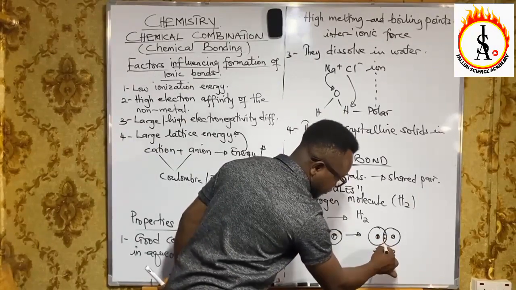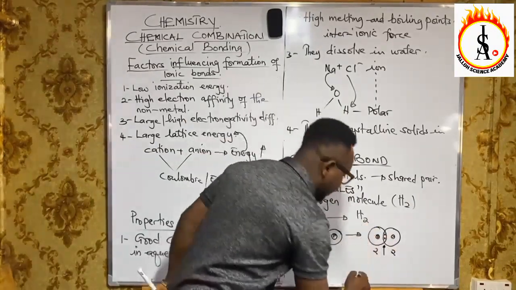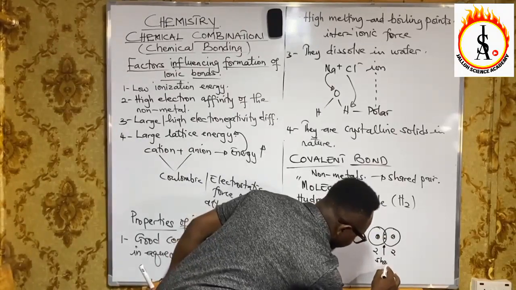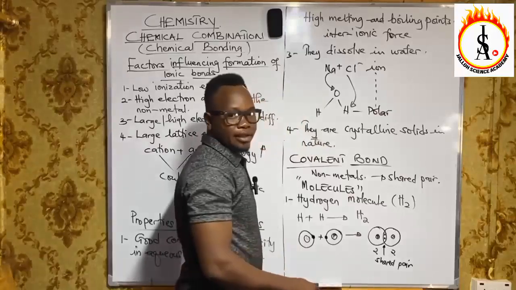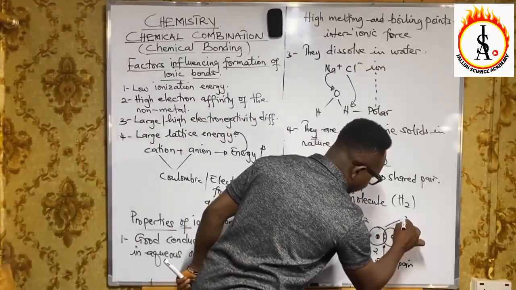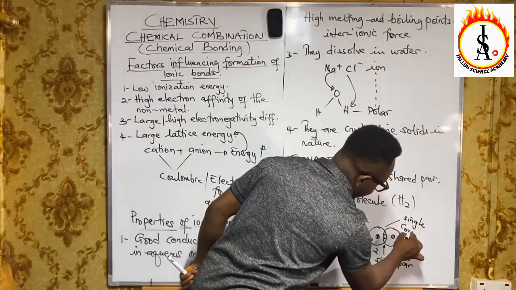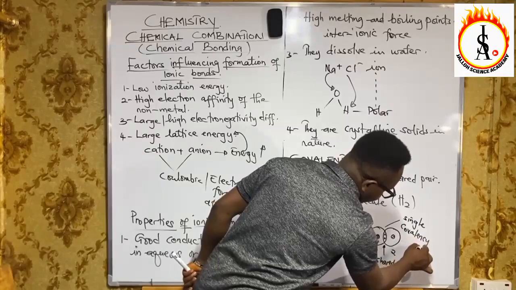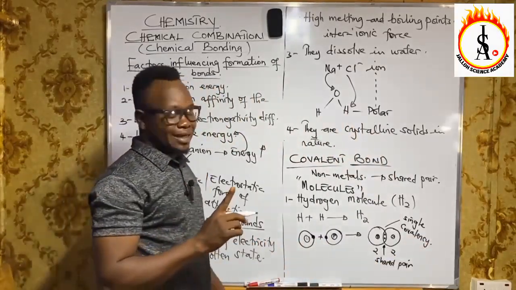In this case, this is referred to as the bond, and this is the shared pair, resulting in what we refer to as a single covalency, because each of the species contributes 1 electron.